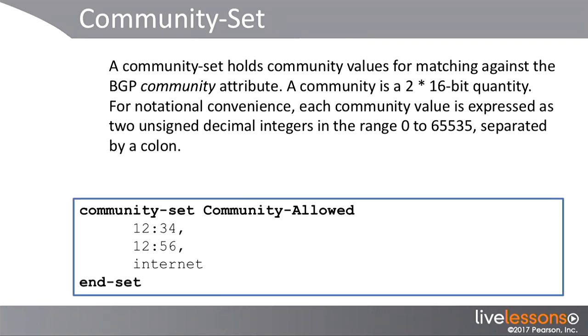In this example, you can notice that the community set named community allowed has the matching entries 12:34, 12:56, and internet. Remember, internet is a predefined community value. The community values are expressed in the notation of AA:NN, which is divided into two 16-bit values separated by a colon.